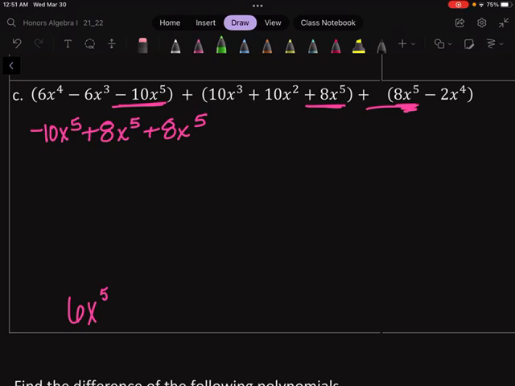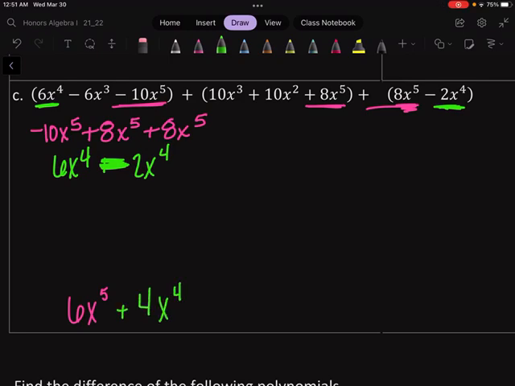I got this guy here, 6x to the 4th plus a negative 2x to the 4th, which really is just a big minus, yeah? So 6x to the fourth minus 2x to the fourth would be positive 4x to the fourth.